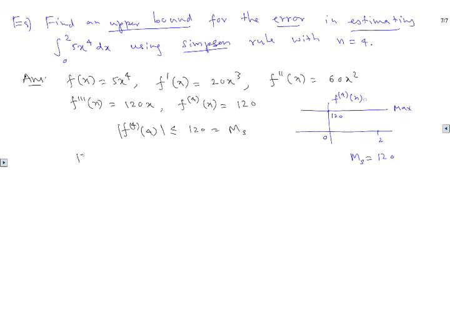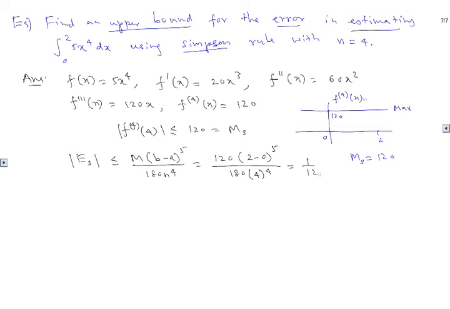So that means your error estimate Es is less than or equal to M (b minus a) to the 5th power divided by 180 n to the 4th power. So if you calculate this, 120 times (2 minus 0) to the 5th power over 180, and n is 4 actually, so it is 4 to the 4, and if you simplify, you end up getting 1 over 12.